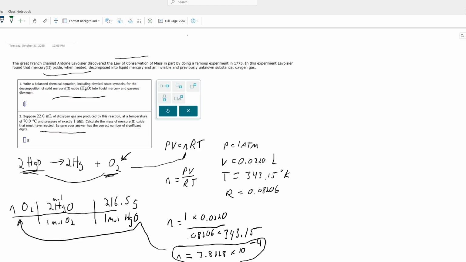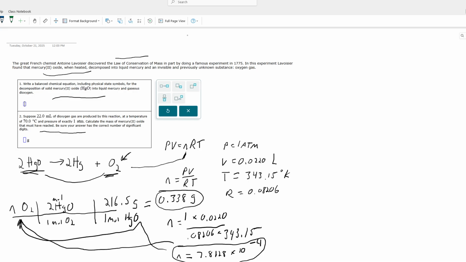When I do this math, I put 7.8228 times 10 to the minus fourth in here, and my answer is going to be 0.338. I'm looking at sig figs, and I got 3, and 3 sig figs is going to govern me here. So I have 0.338 grams, and that is my final answer.